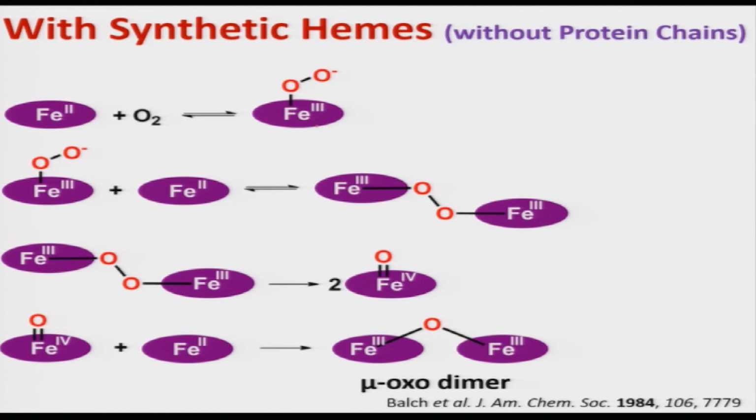Now, once it forms this iron(III)-O2 minus complex, it reacts with another iron(II) heme and converts to the mu-peroxo species. As I have already informed you earlier, the bond energy of dioxygen is 117.2 kcal per mole. If it is superoxide, then the bond dissociation energy becomes 55.5 kcal per mole.